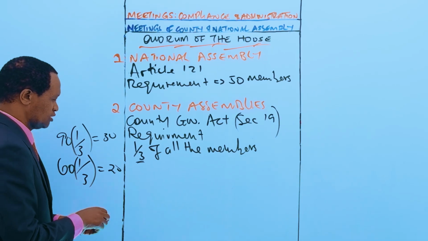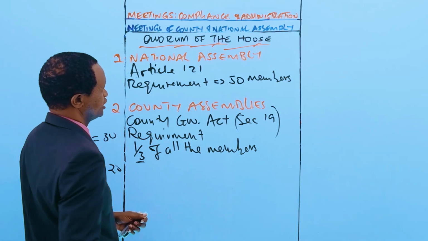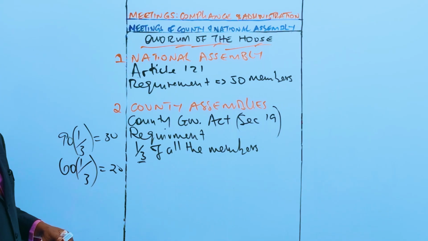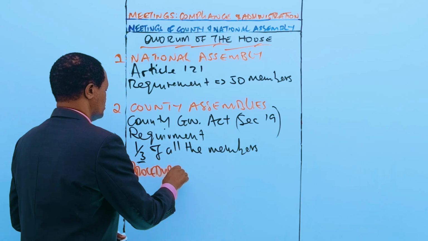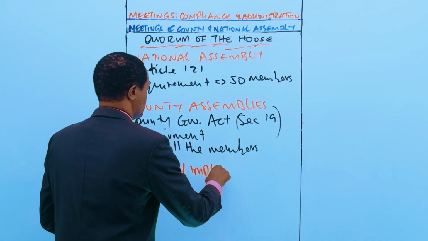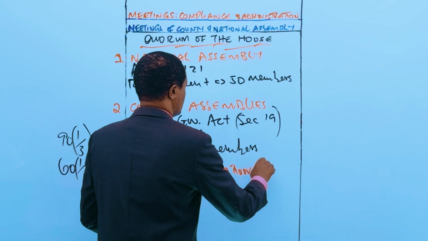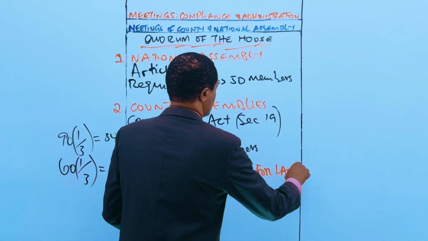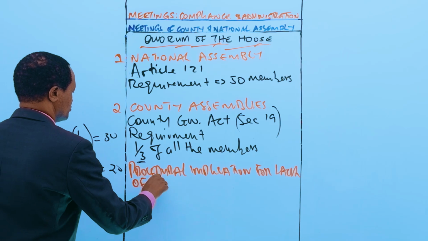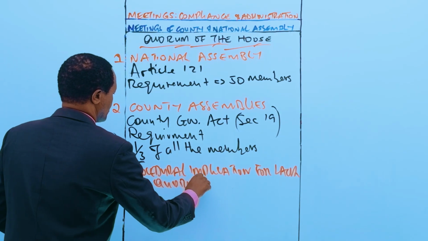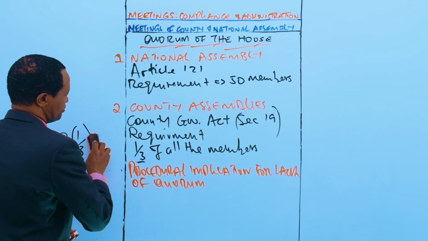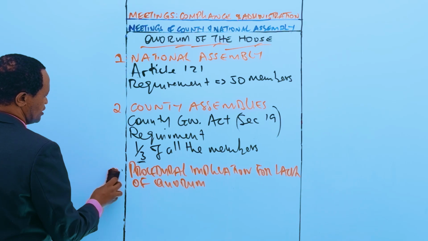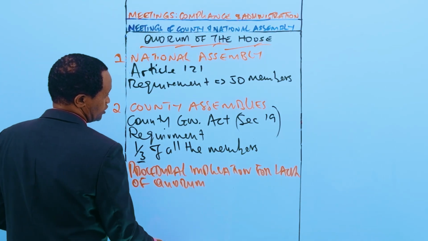Now then, one may ask, what is the implication if there is lack of quorum? What are the procedural implications? What happens when, for example, before the sitting the quorum is there, but as the meeting progresses, the quorum falls below the threshold?